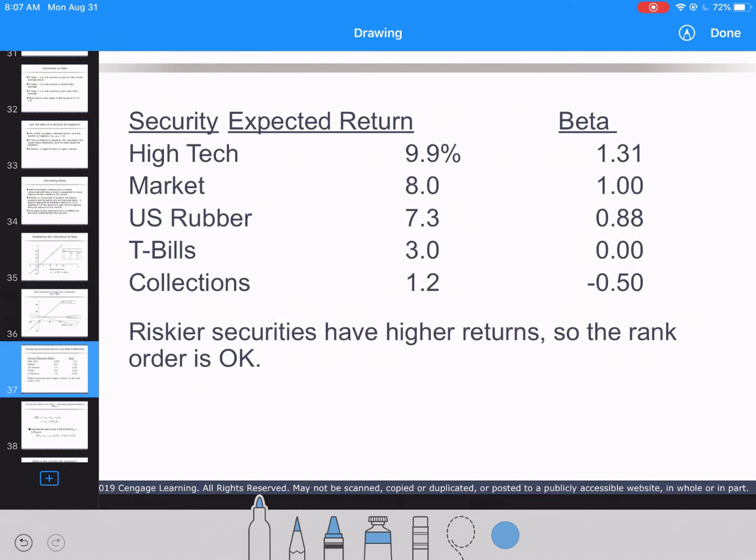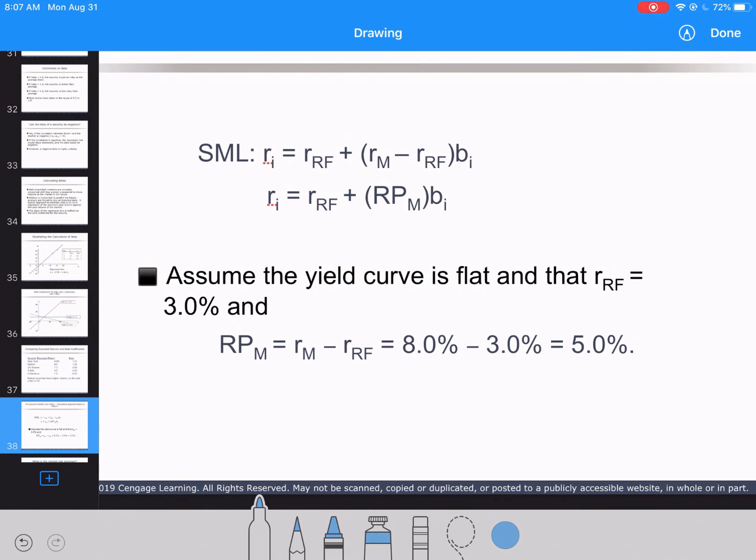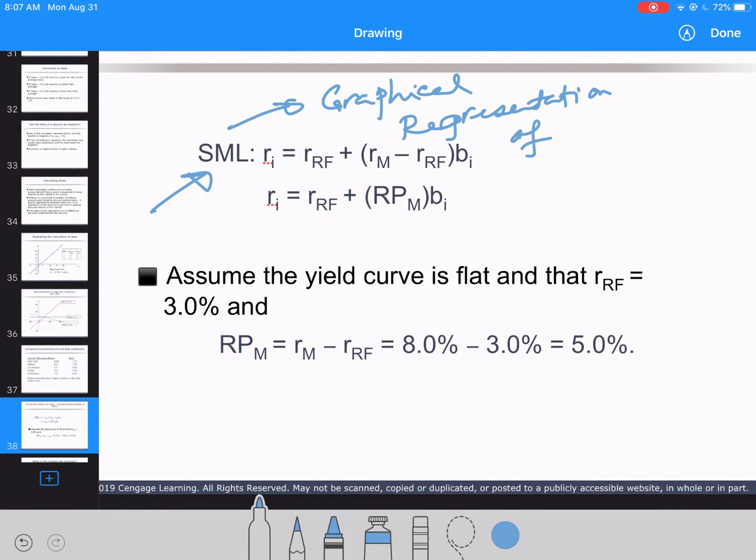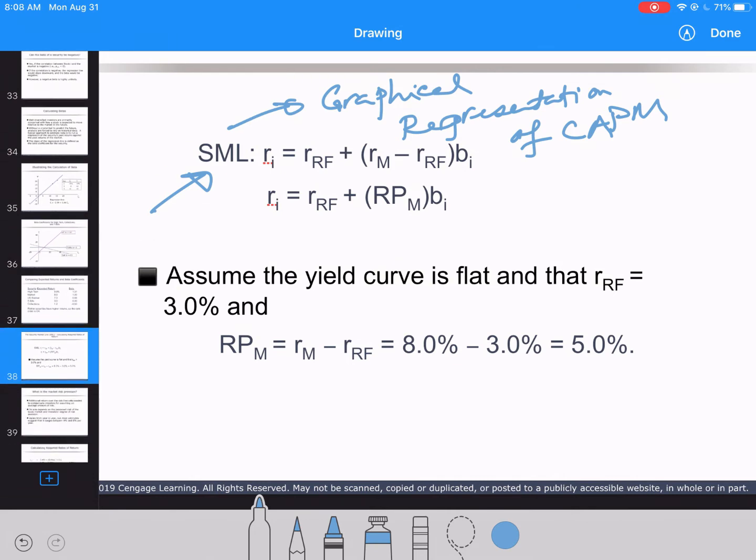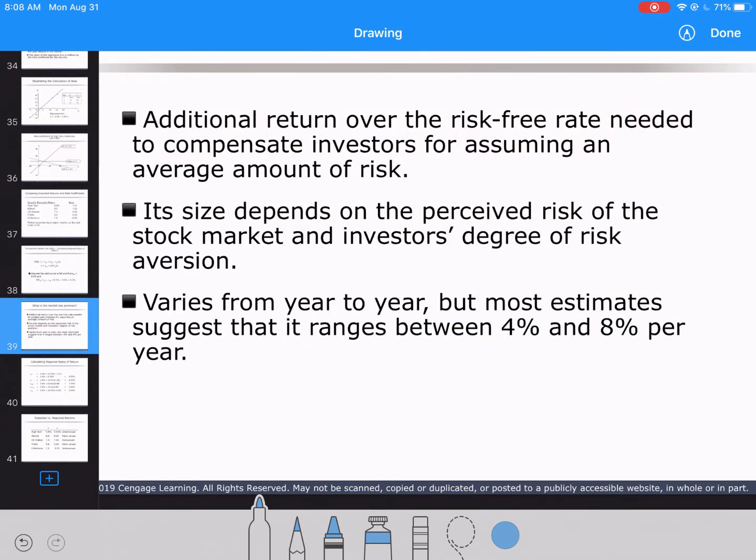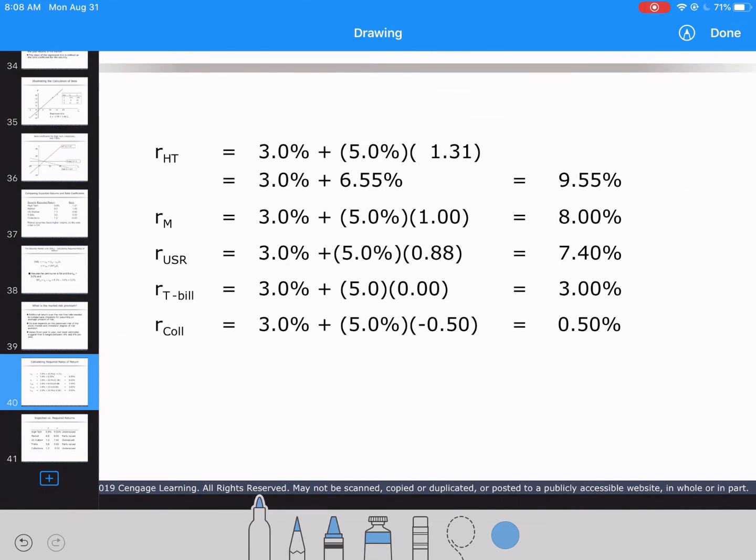With that scenario, we now look at the SML. That means I'm going to look at the graphical representation of CAPM, which is the SML.